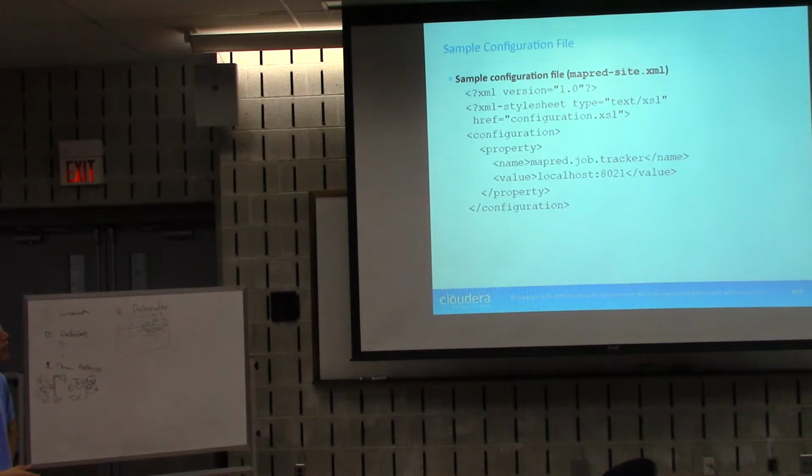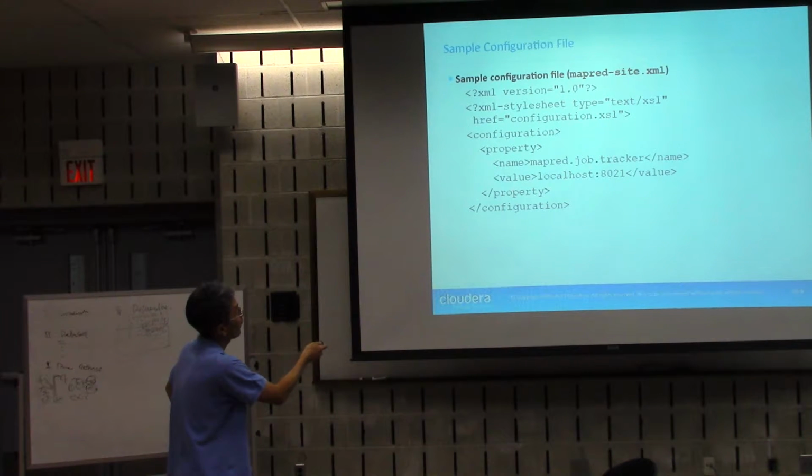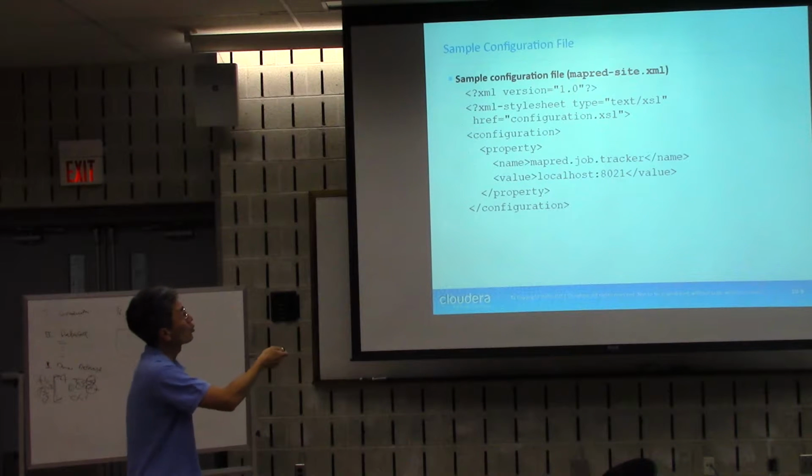These are examples of the XML file that you can see. As you can see, there is the name and value. So you need to specify the parameter name and parameter value. In this case, it's the job tracker. It's the configuration file for MapReduce.